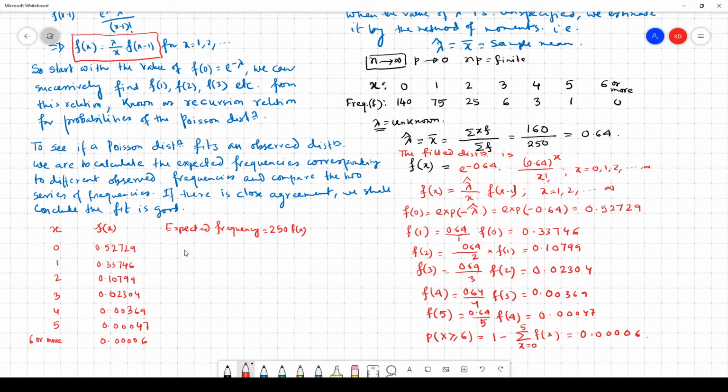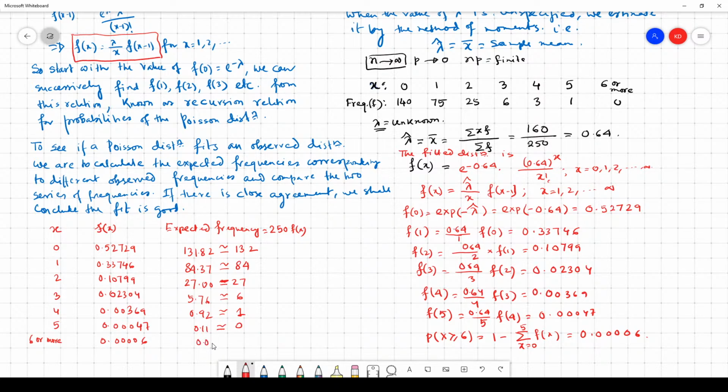So see that this is 131.82. Frequency is always an integer, so we approximate it to the closest integer, that is 132. 84.37 is approximated by 84, 27, 5.76 is approximately 6, 0.92 is approximated by 1, 0.11 is almost close to 0.